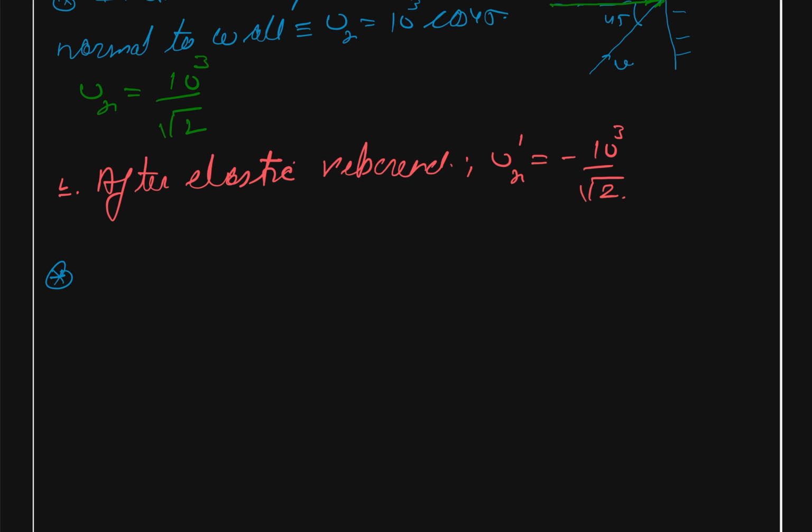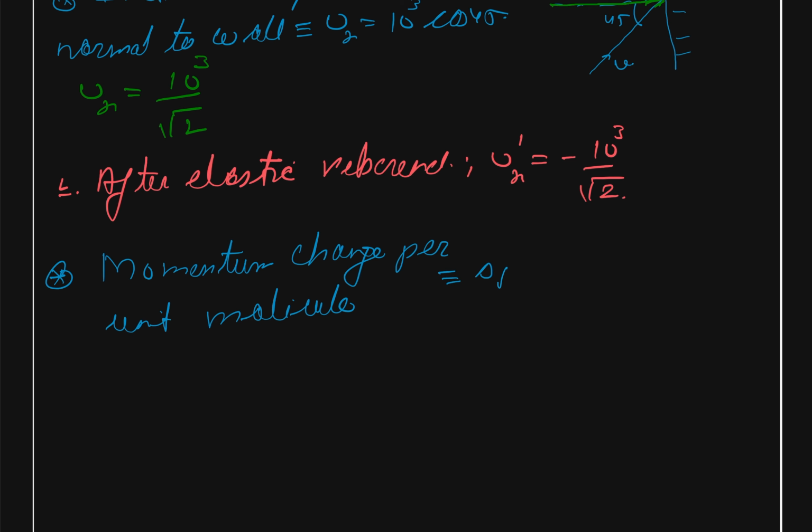So the momentum change per unit molecule, let us call this delta p of x in x direction, will be equal to m times Vx minus Vx prime.